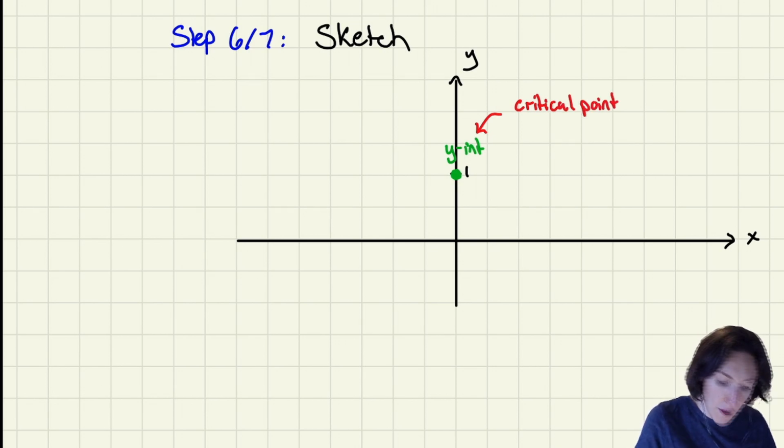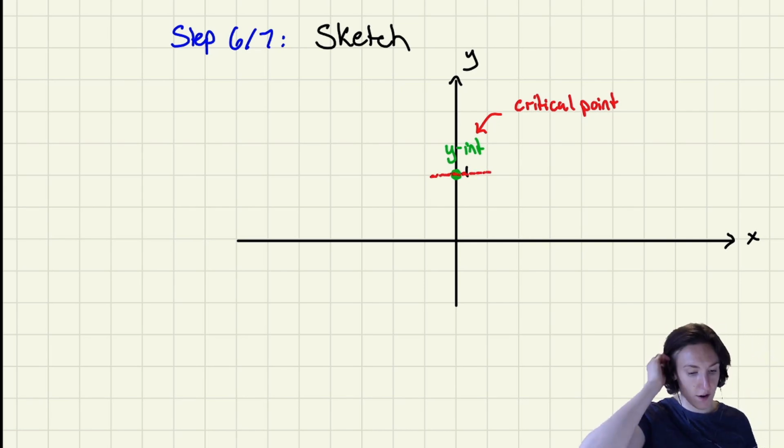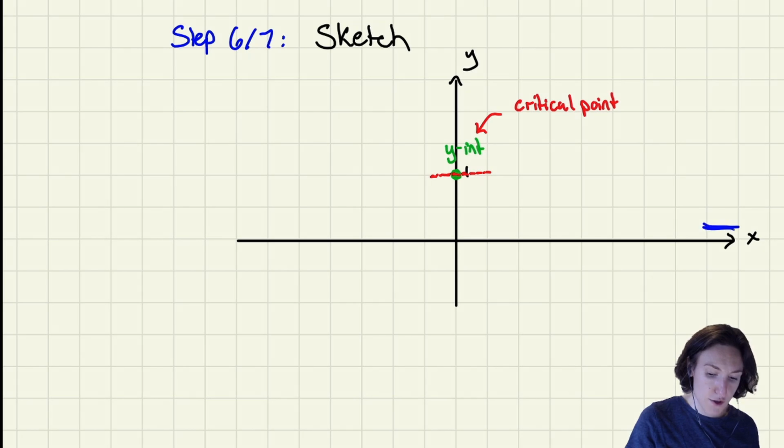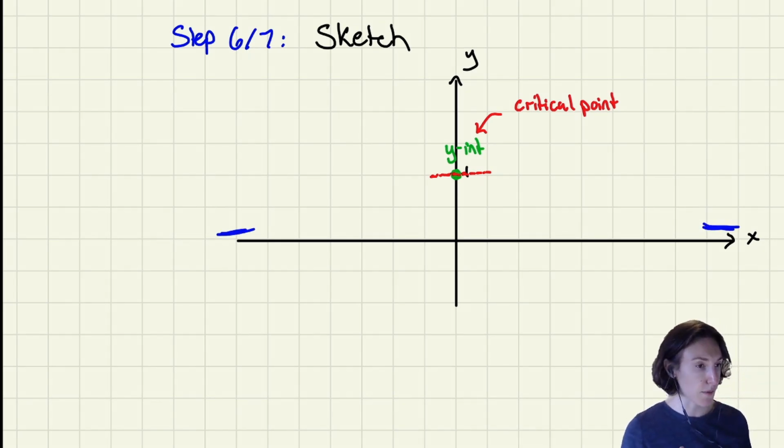And I know however I draw my graph, it's going to level off there. And I know that as x goes to infinity or x goes to negative infinity, my plot should be somewhere down here, approaching 0. So I'm just going to put those marks there to remind myself.